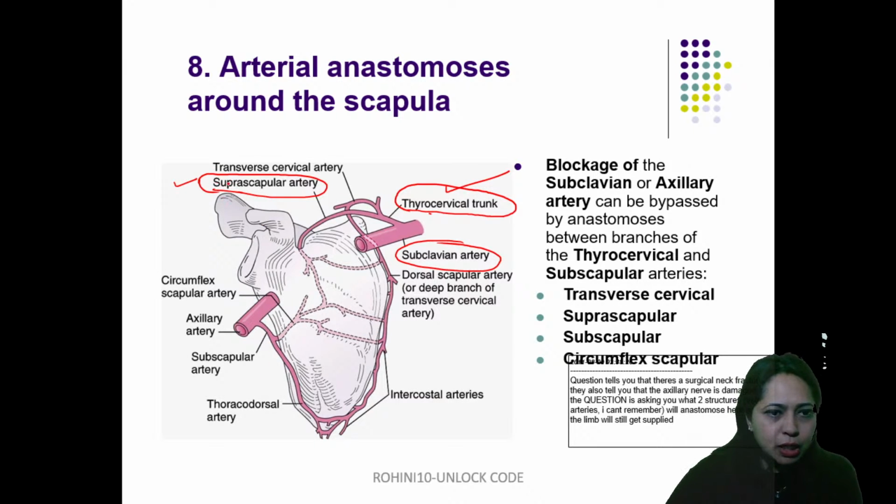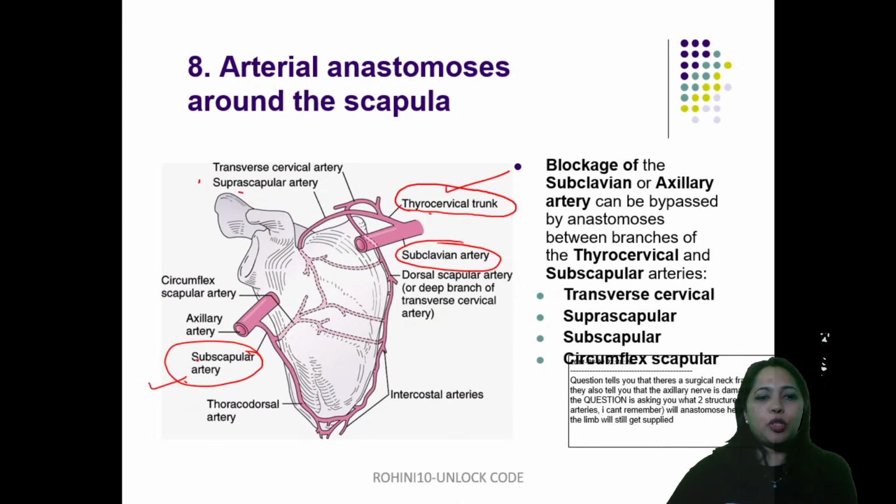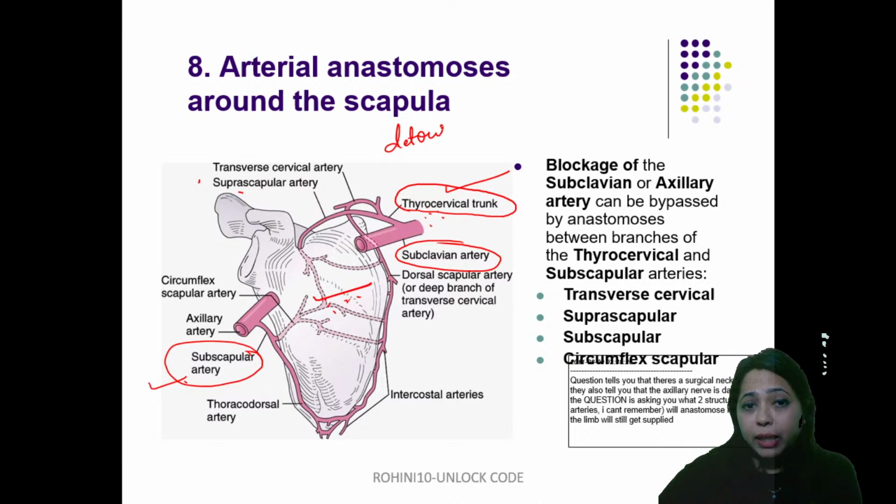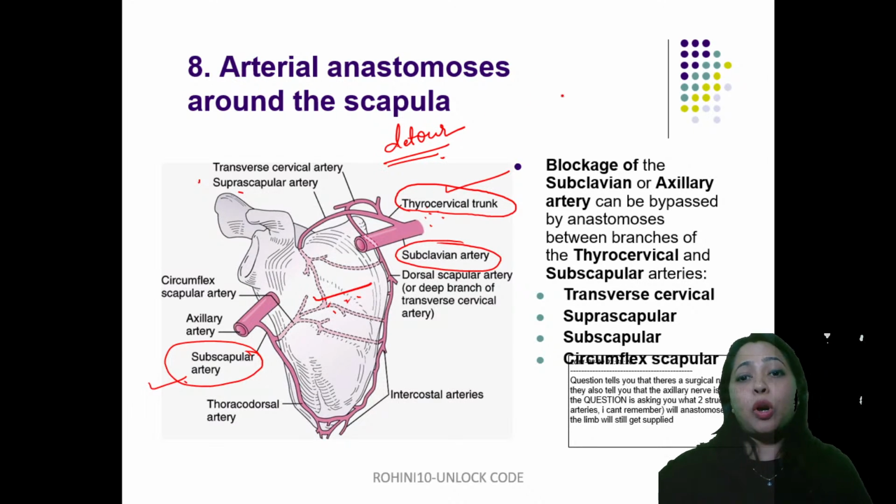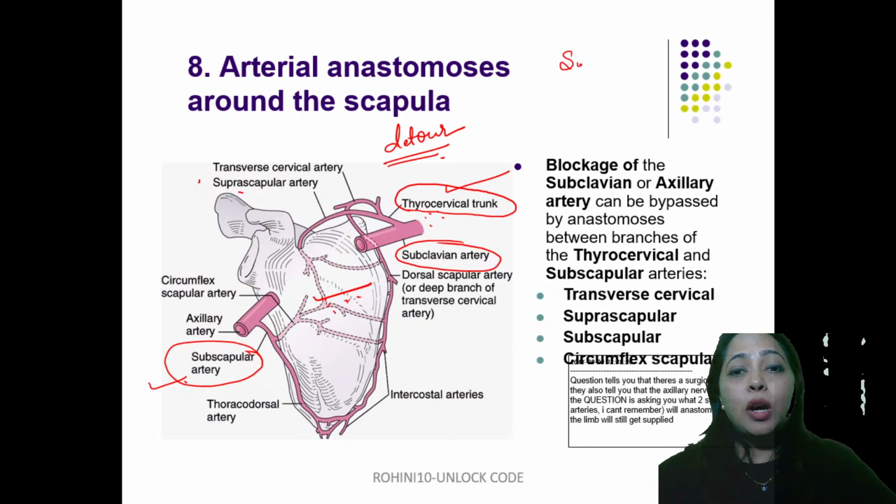Not this one, subscapular. Where is our subscapular? There it is. Subscapular artery. So the branches of this, you can see in the dotted line here, and the thyrocervical trunk can actually be used as a detour or an alternative whenever there is a blockage in the subclavian or axillary.